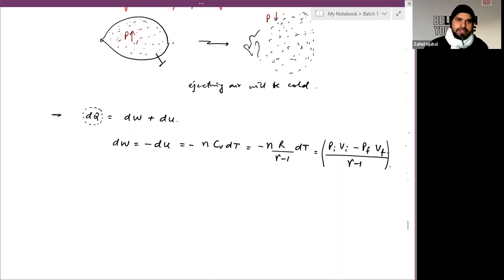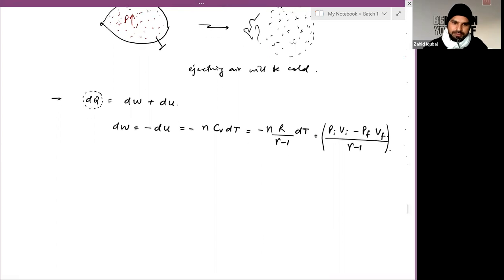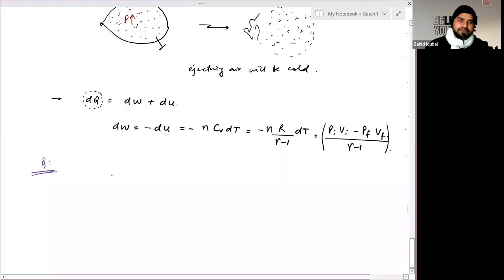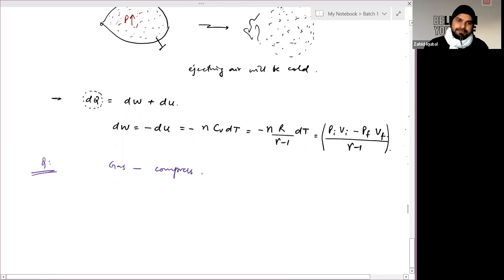So there was a question in the assignment: when a gas is compressed suddenly, it gets heated up. Explain why. Hamza, this was the first question. Yes, sir. The gas in this part is compressed suddenly. Will it be adiabatic or isothermal?